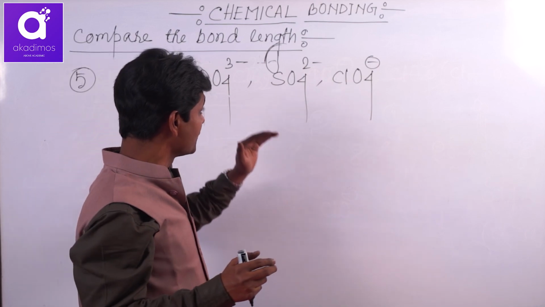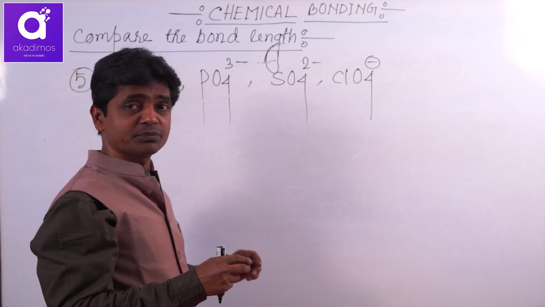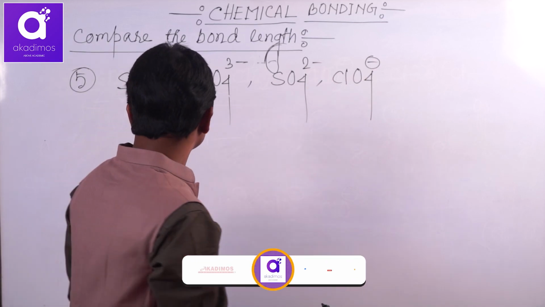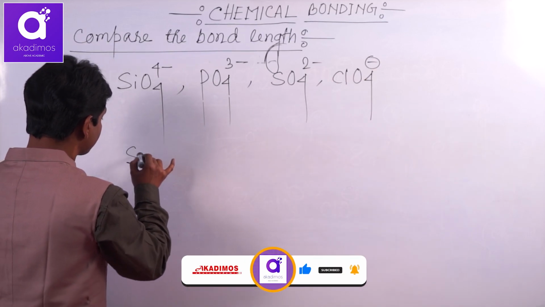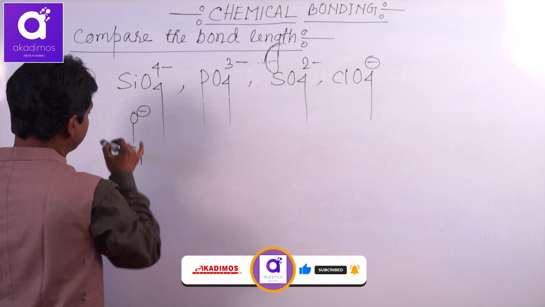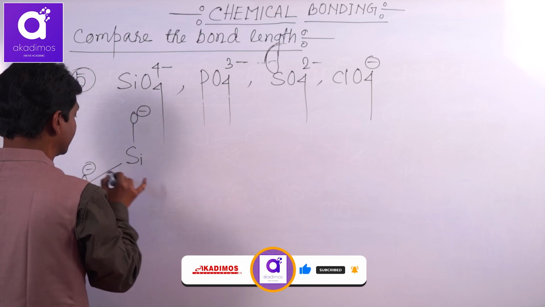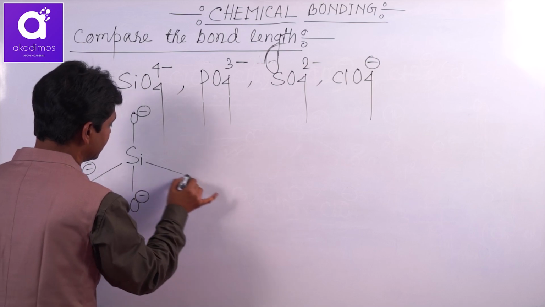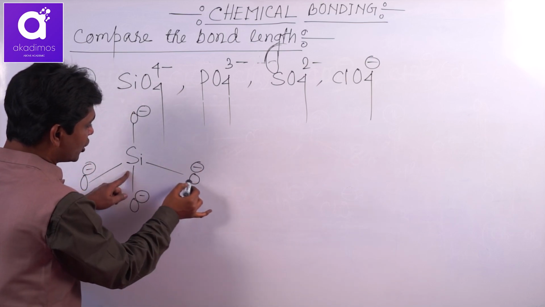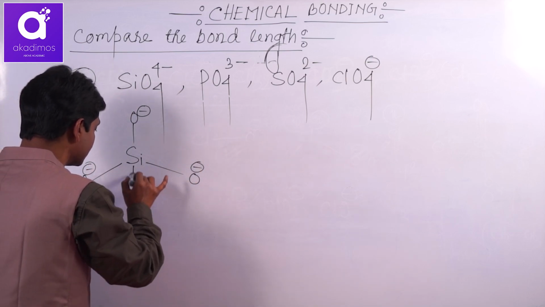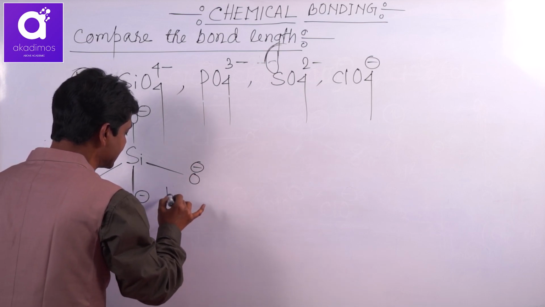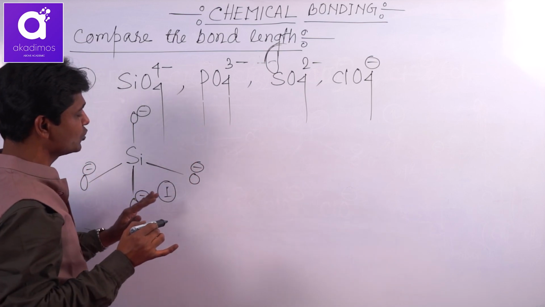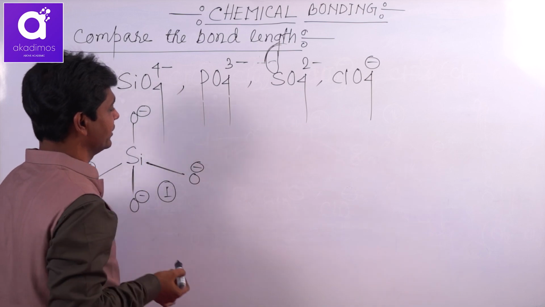Similarly, here you have to know the structure of the different species. If I draw the structure of silicate, SiO4 4 minus, this is the structure of silicate. All silicon-oxygen bond orders are 1. Only sigma is present here.